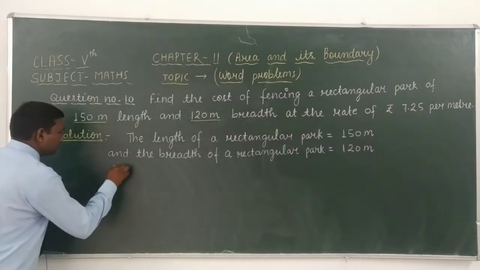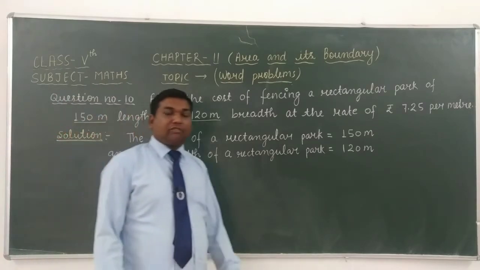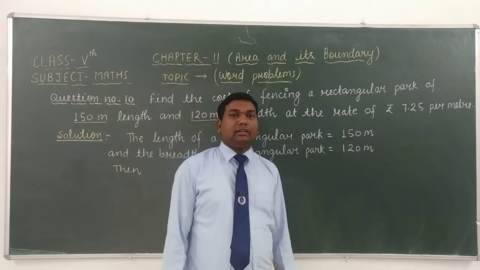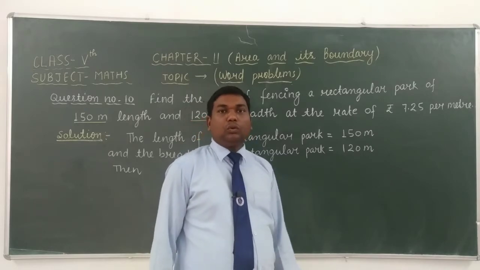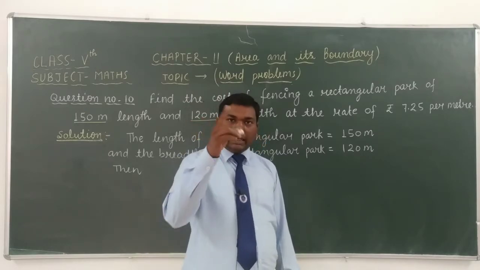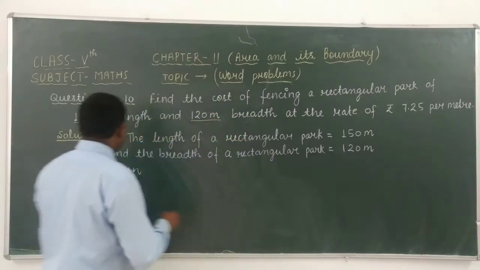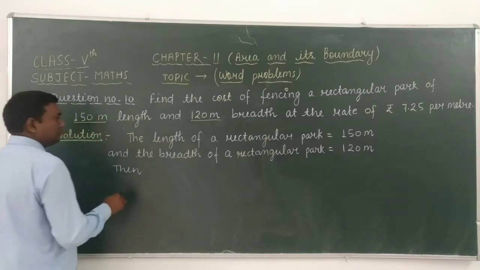Then the perimeter of a rectangular park is equal to, dear students, what is the formula for perimeter? Yes, perimeter is equal to 2 into, in bracket, length plus breadth. We apply the formula of perimeter.